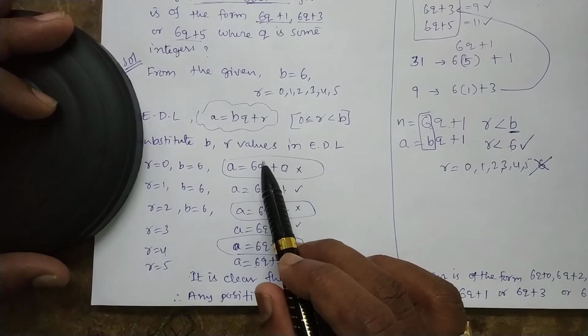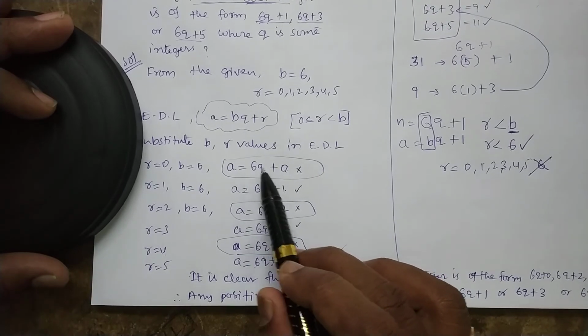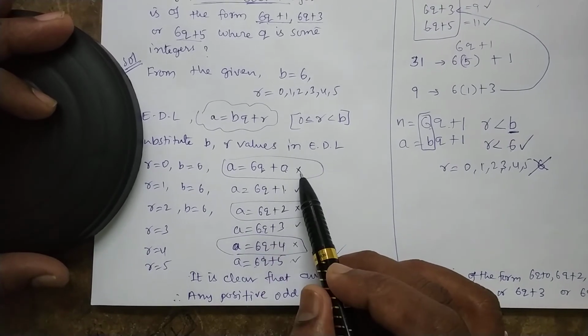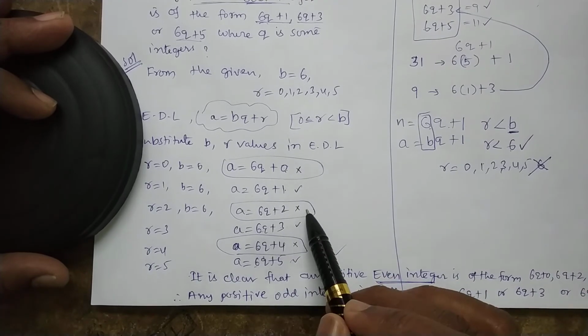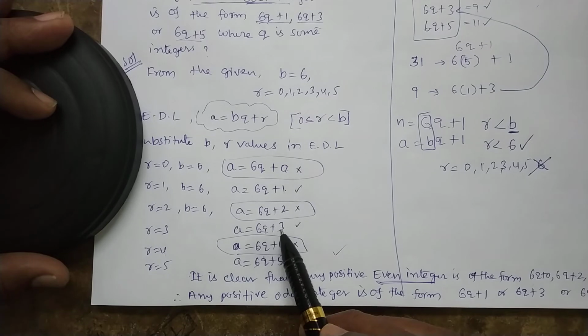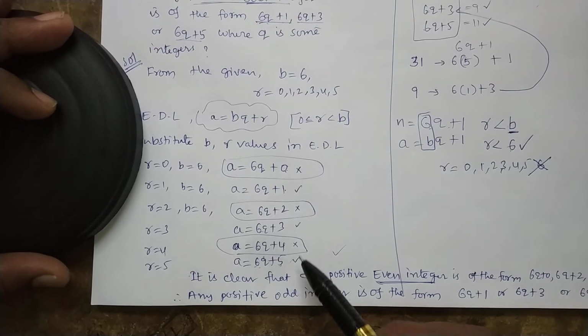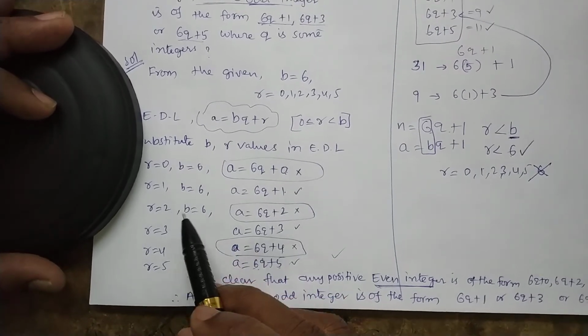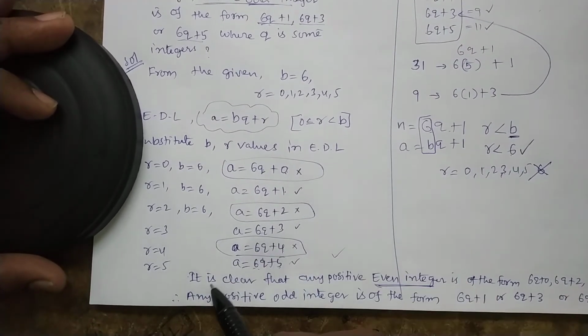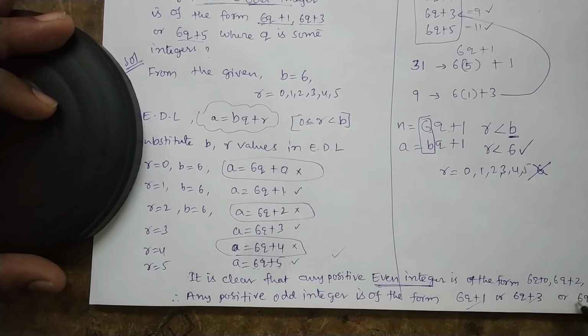Example, if you substitute 5, 6 5s are 30, even number. 30 plus 1, 31, odd number. 30 plus 2, even number. 30 plus 3, odd number. 30 plus 4, even number. 30 plus 5, odd number. So we want odd numbers and we have to show that only. So therefore any positive odd integer is of the form 6q plus 1, plus 3, plus 5.